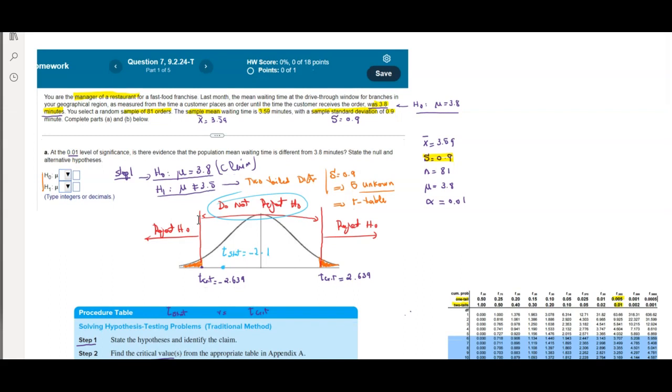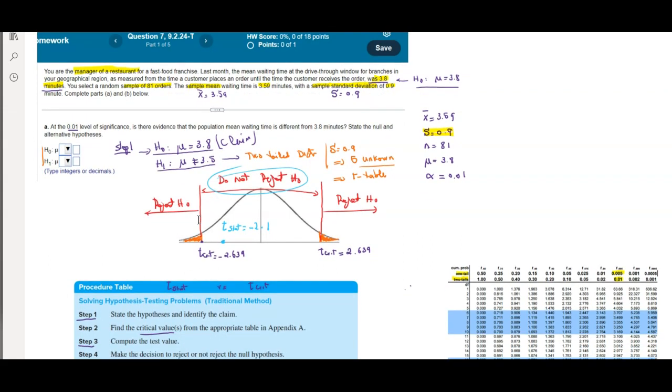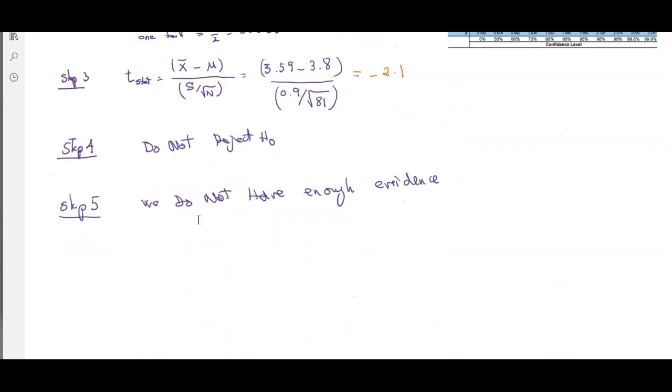We couldn't find enough evidence to reject it, so we're going to keep it. So you're going to keep H0, which is the assumption the mean is equal to 3.8, and that's all.